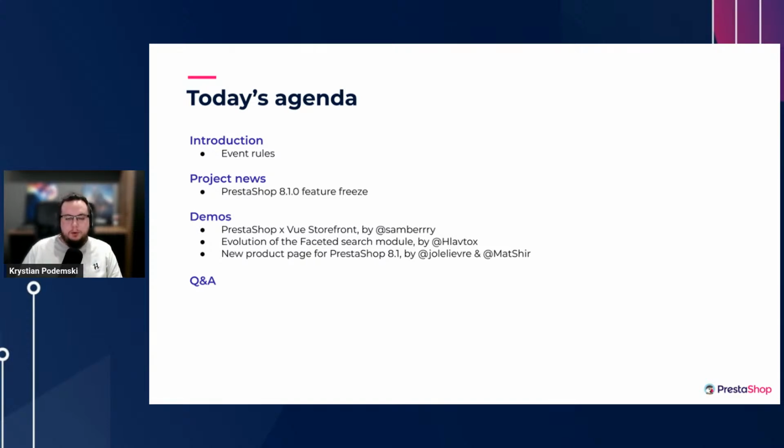Then we will have a presentation from Daniel about faceted search module and evolution in it. Last but not least, we will have a full overview of the new product page, which is coming to PrestaShop 8.1. And this presentation will be done by Jonathan and Mateus from the open source team of PrestaShop. Last but not least, we'll host a Q&A session.